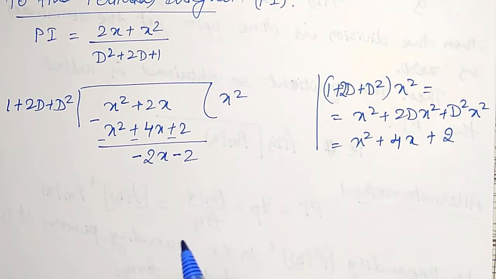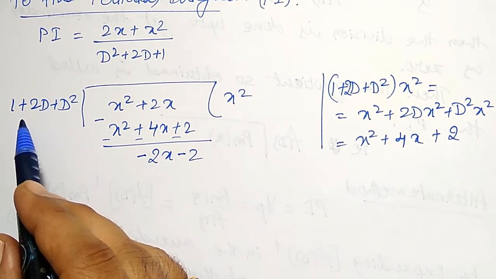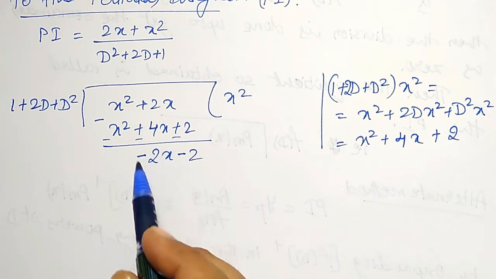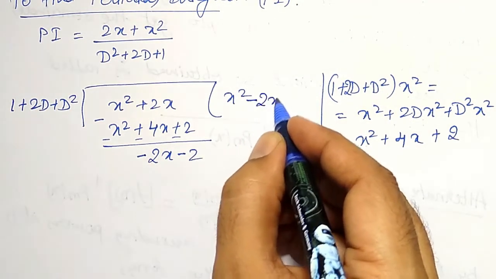Now second term, what do I have to multiply to 1 to get minus 2x, as I want to cancel this minus 2x? Therefore I will multiply by minus 2x.